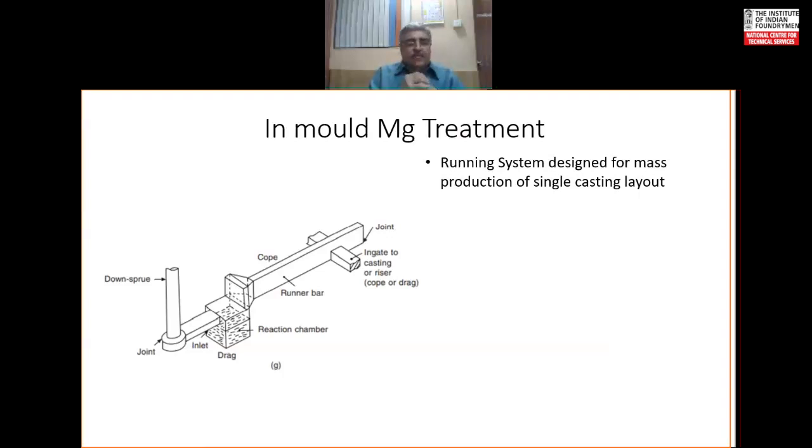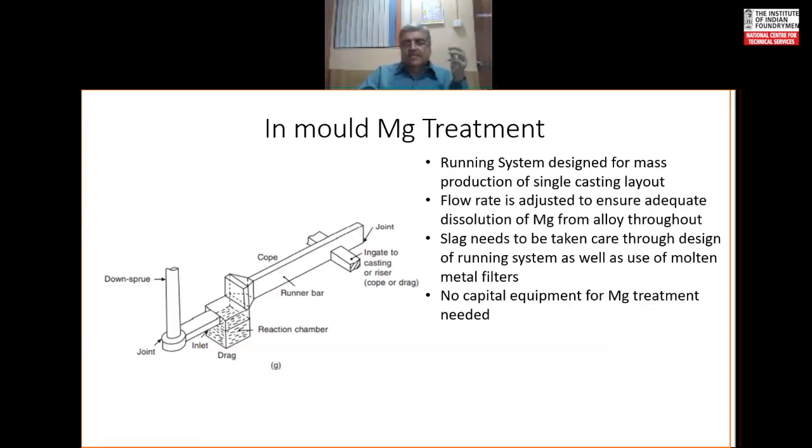Now, because this is part of the mold itself, everything is sitting inside your mold, on top of the mold. There will be a lot of slag generation, so you need to take care of the slag. One, by using some sort of a filtration device in your running system, ensuring that it doesn't become the choke.